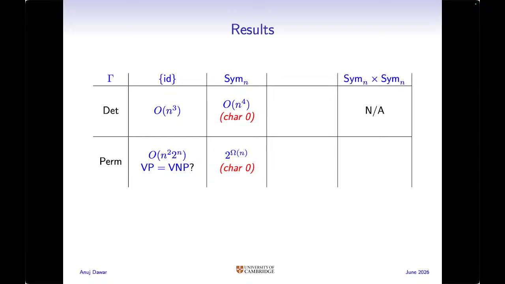If I relax the notion of my symmetry further, to what I call matrix symmetric, in other words, I allow any permutation of the rows and any permutation of the columns, there's nothing to say about the determinant because the determinant is simply not invariant under this full group of symmetries. For the permanent, we can improve the lower bound, not in terms of value, it's still exponential, but we're able to prove this in all fields of all characteristic other than 2.